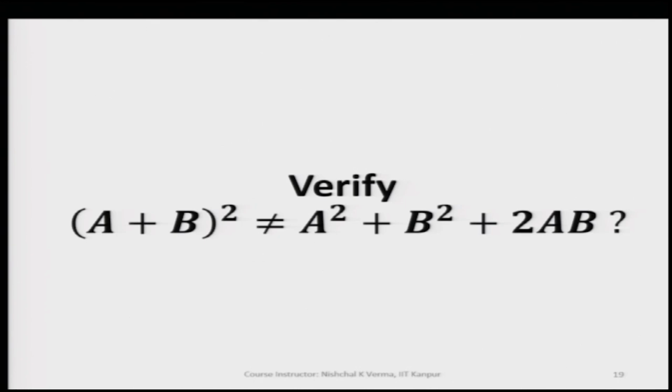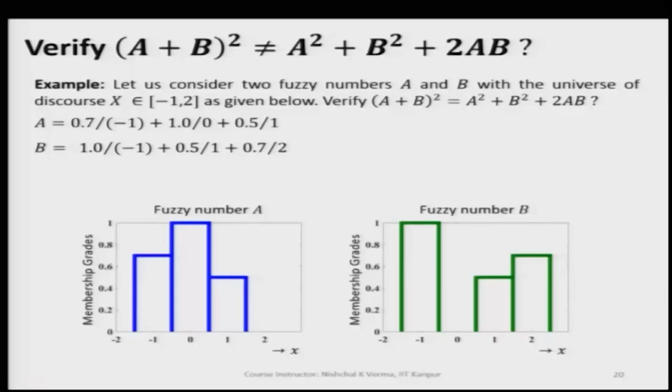So, when we deal with crisp numbers, (A plus B) whole square is always equal to A square plus B square plus 2AB. But here we will see, when we take fuzzy numbers, this is not going to be true. So, let us now first try to get (A plus B) whole square.